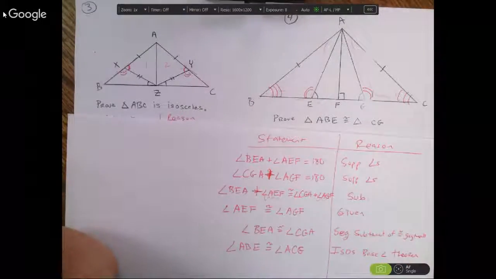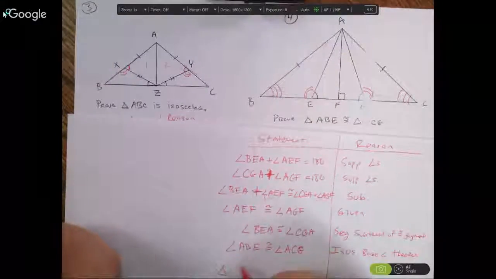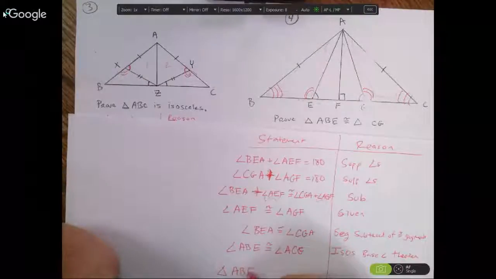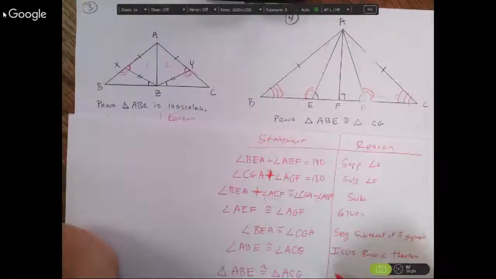Okay, and then now I have all the parts I need to say that triangle ABE is congruent to triangle ACG because of angle, side.